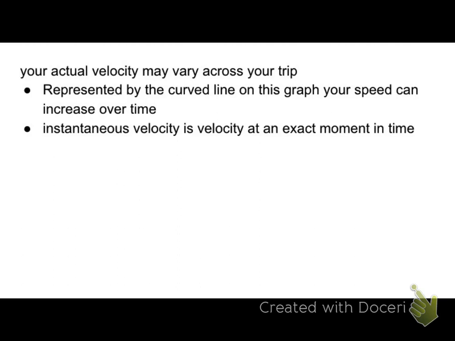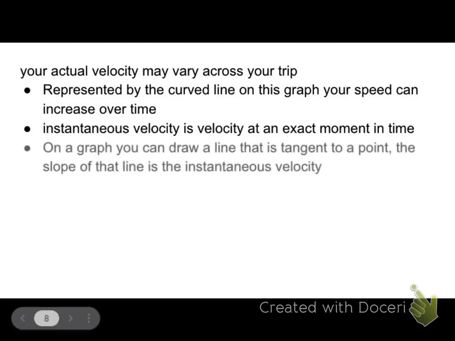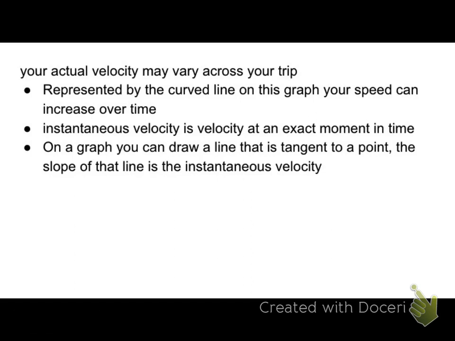On a graph like this, any one point, like a set of XY coordinates, would be your instantaneous velocity along that line. And the nice thing on a curving graph like that is if you draw a line that's tangent to that point on the line, then you're going to find the slope of that line and get your instantaneous velocity at that moment, which is kind of nice.